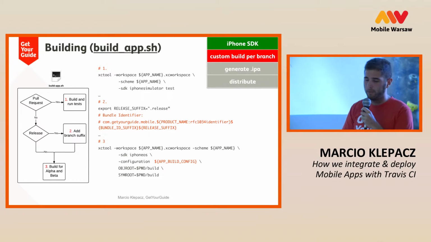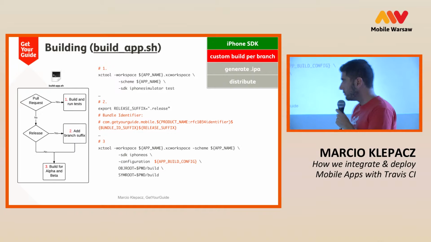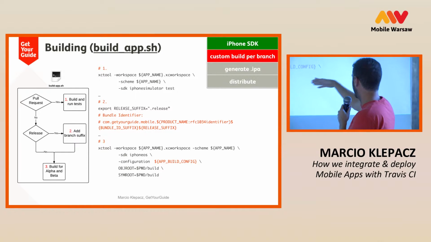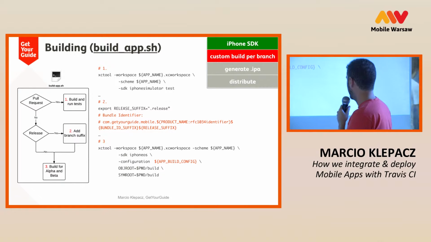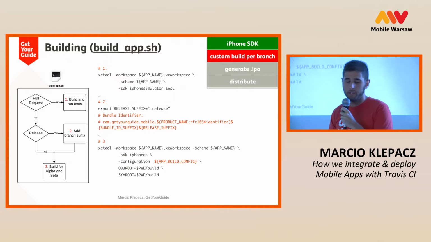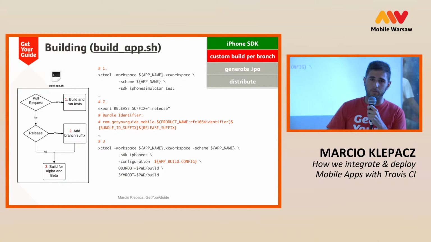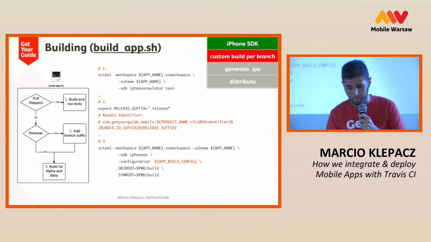Otherwise, just build alpha and beta. So for example, here I have my bundle identifier, and at the end I define this environment variable. And then if it's on a release branch, it's just going to add the suffix, otherwise it'll be empty, so it's fine.